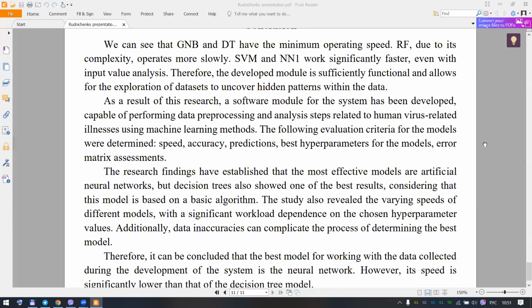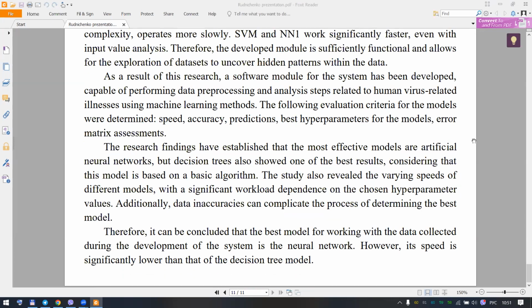The following evaluation criteria for the models were determined: speed, accuracy, predictions, best hyperparameters. For the models, actually, we did it with grid search. Error matrix assessment. The research findings have established that the most effective models are artificial neural networks.